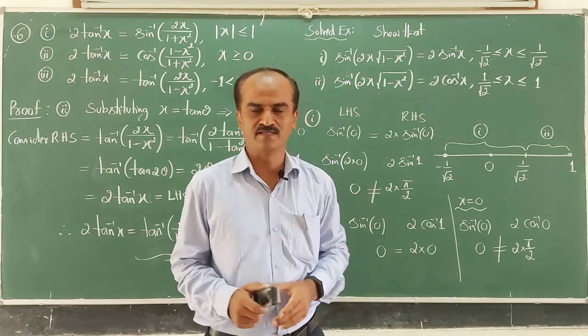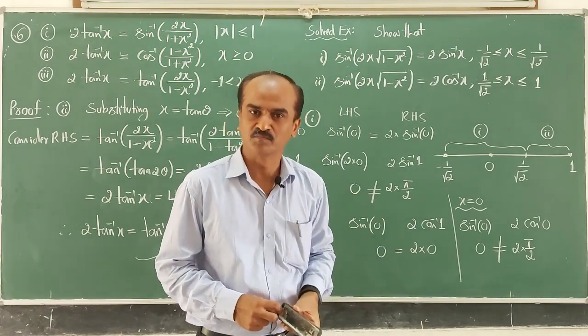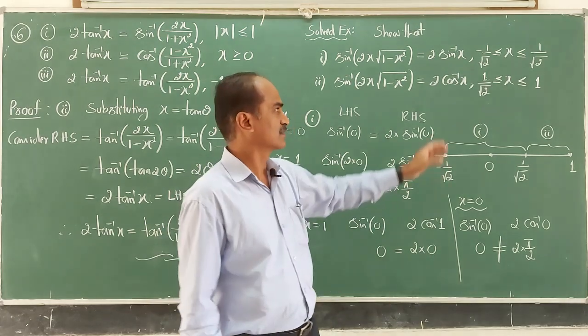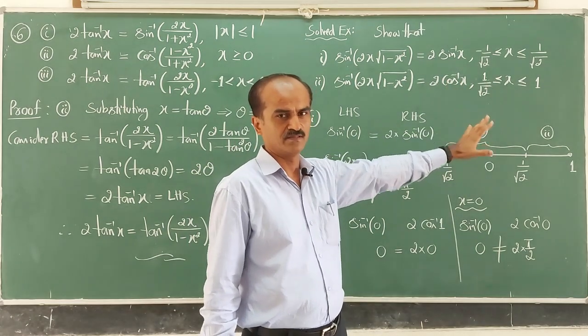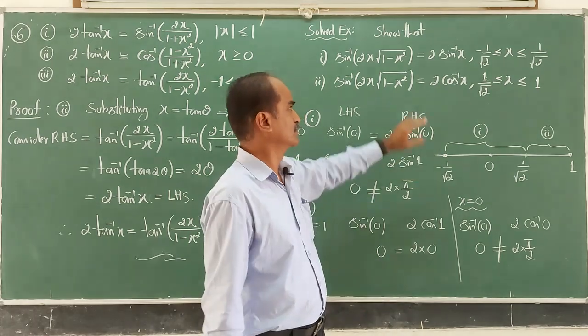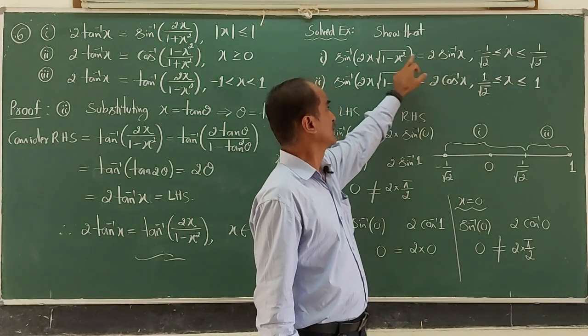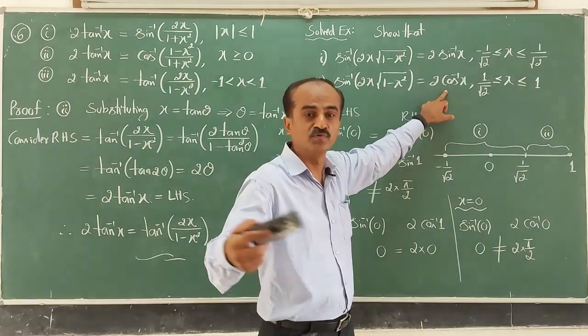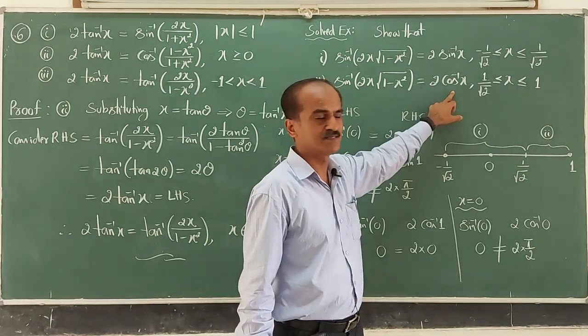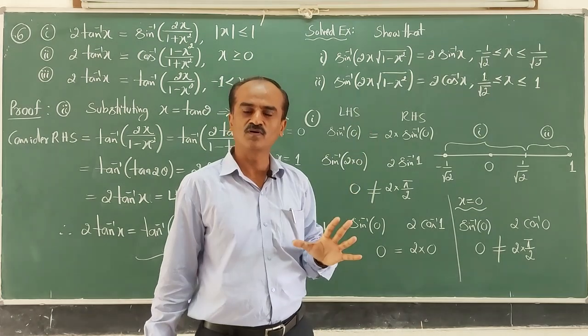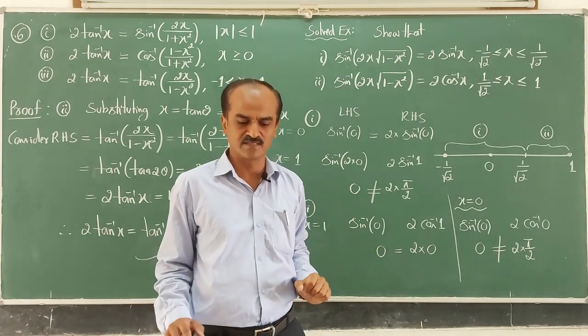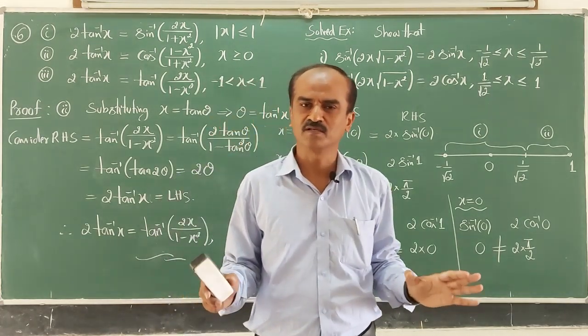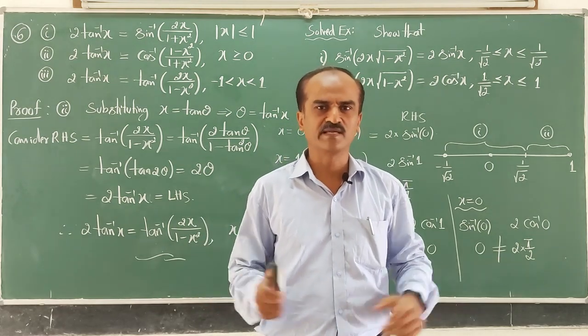To prove this in the board exam, we need not remember that range. There will be not much complexity. To prove the first result, you simply substitute x equal to sin theta. Whenever the question is to prove that it is equal to 2 cos inverse x, simply substitute x equal to cos theta. By that you will be able to get the result. There will be no much complication in the board exam. That is guaranteed.